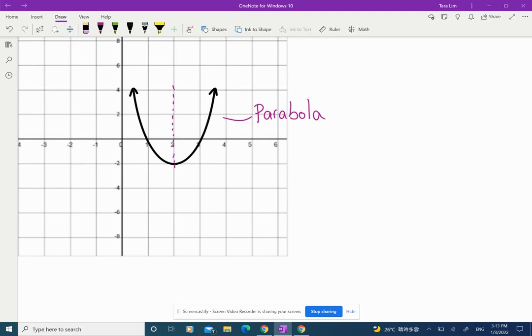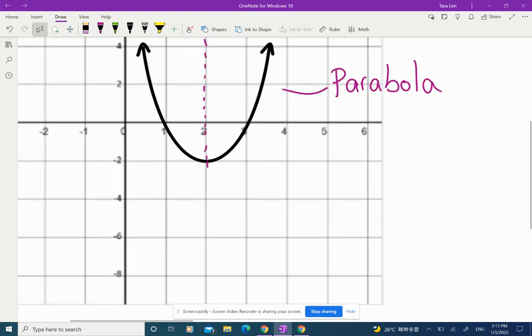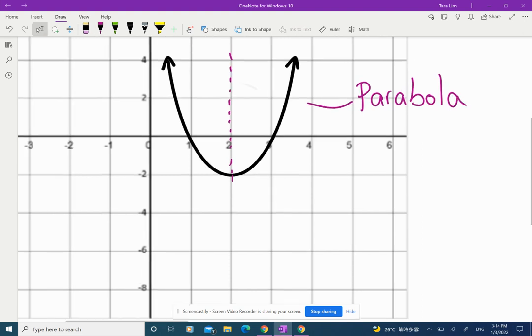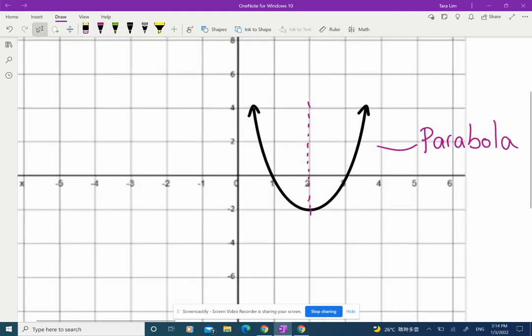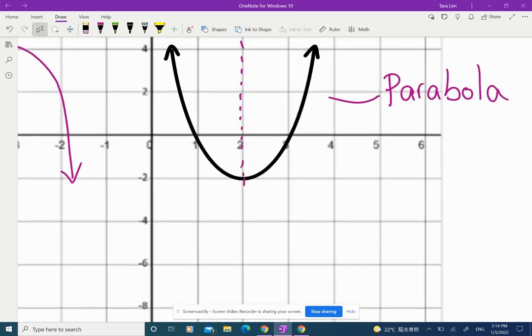You just have to kind of memorize where the vertex is. It's always at the bottom or at the top. Some parabolas could be going downwards instead of upwards. In this case, it is going upwards. So we want to know where the vertex is. The vertex is here.